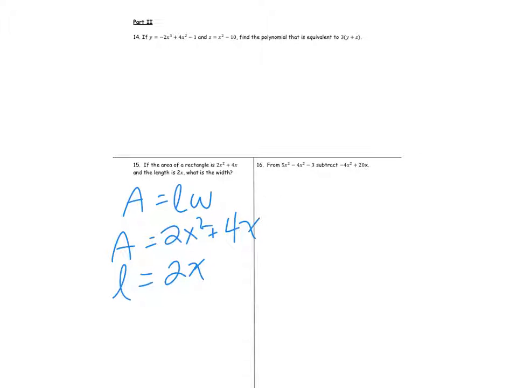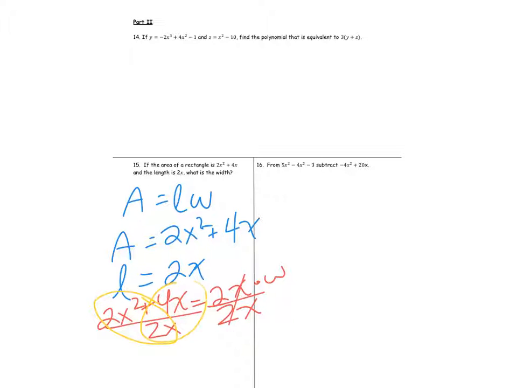I'm just going to rewrite and fill in what I know. I have 2x squared plus 4x equals 2x times w. In order for me to get the width by itself, I need to divide both sides by 2x, the whole thing. Then I can complete this with the heart method and finish it out.